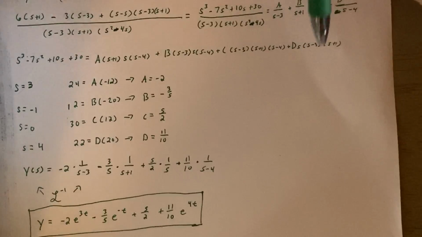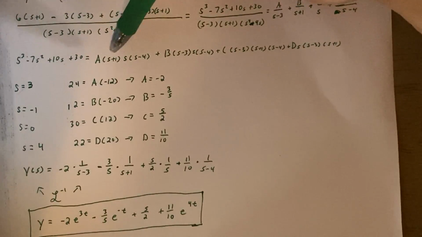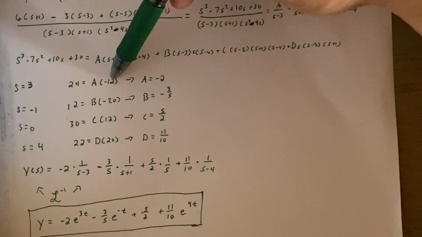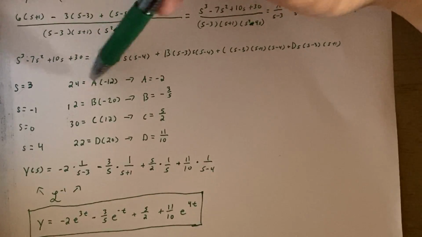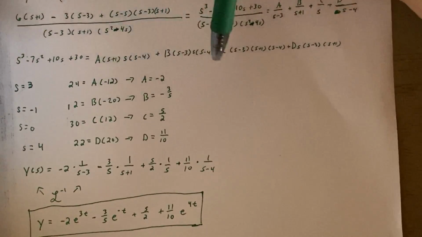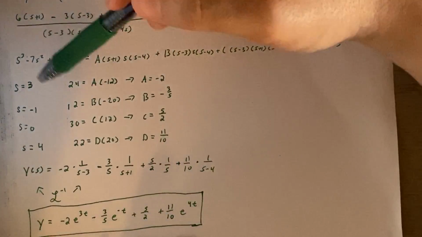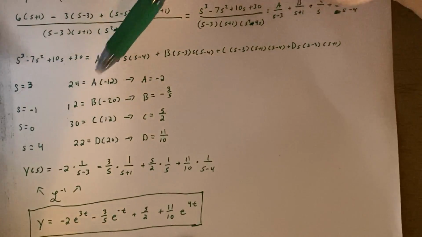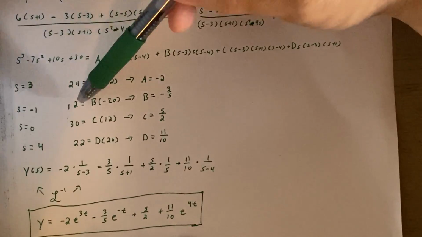all these 0. And so I plug in 3, I get 4 times 3 times -1, I get -12. Then I go ahead and divide both sides by -12, a equals -2. So I found my a. Now let's plug in our next 0, which is -1 for the s plus 1. When I plug in -1 on the left-hand side, I get 12.